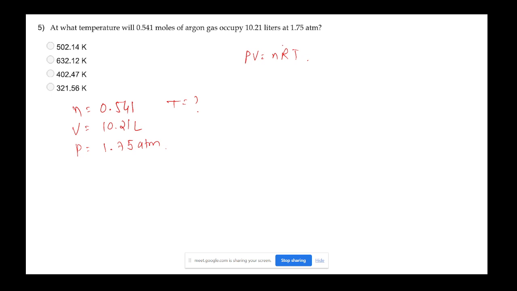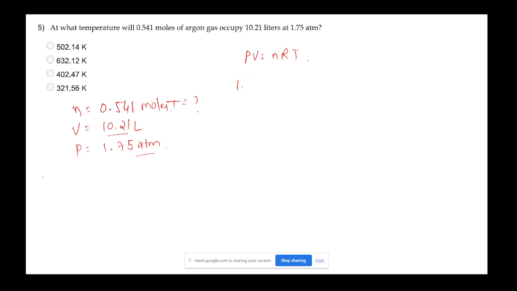Now what value of R should you use? There are two options. Either you convert all this into SI units and use R in SI units, or another option is, based on the units in which pressure, volume and moles are given, you choose the correct value of R. Here I will try to convert into SI.